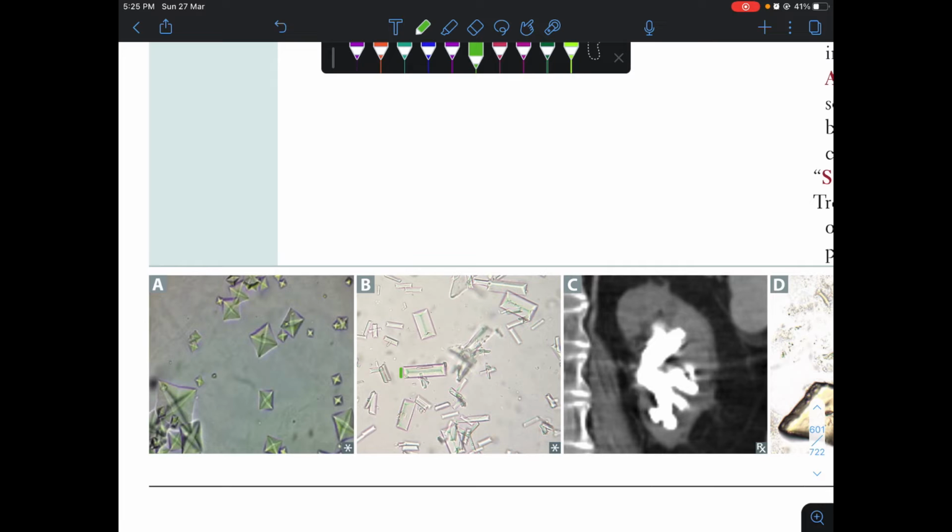And the calcium oxalate stones are envelope shaped.